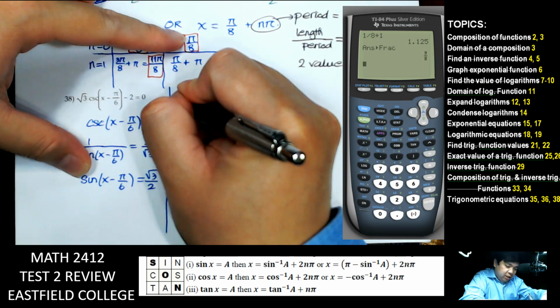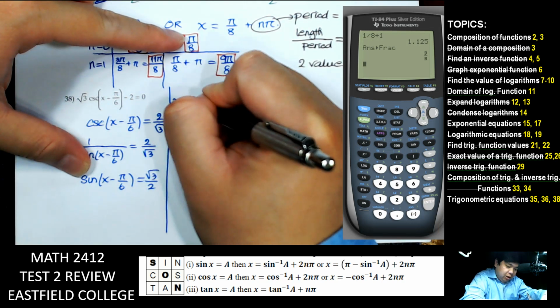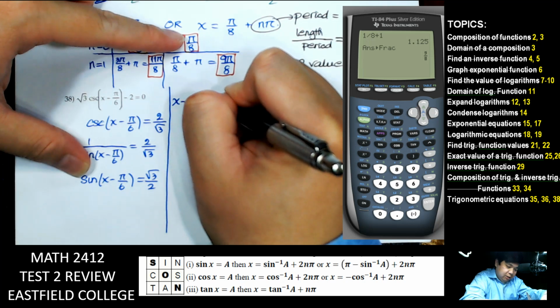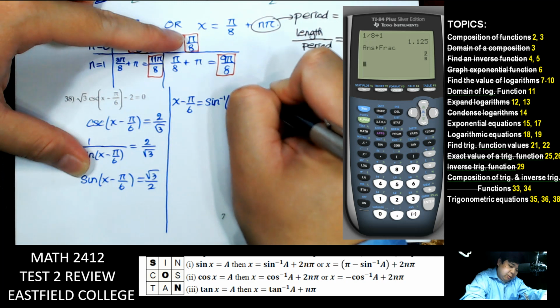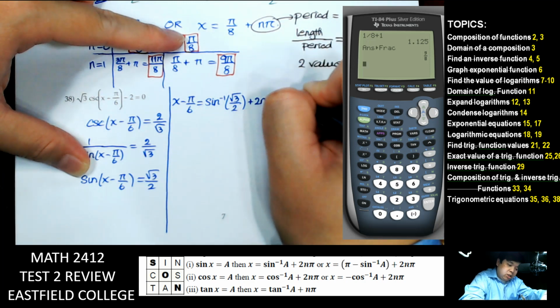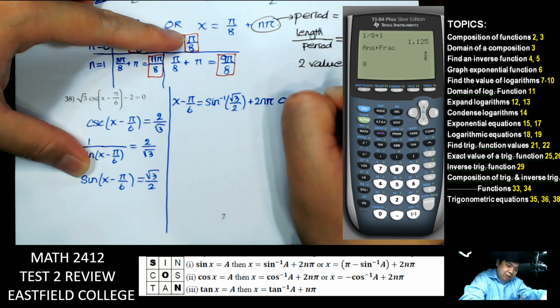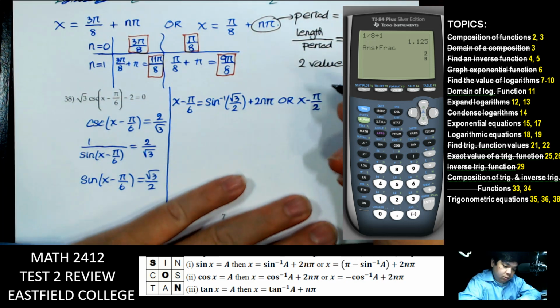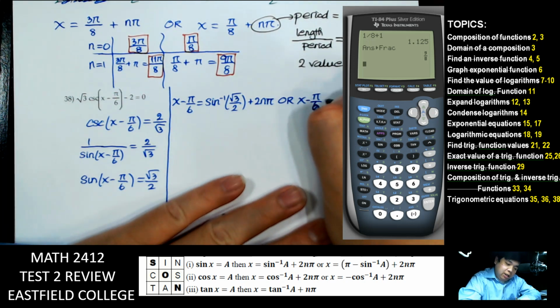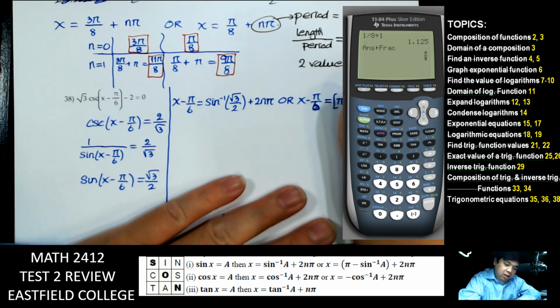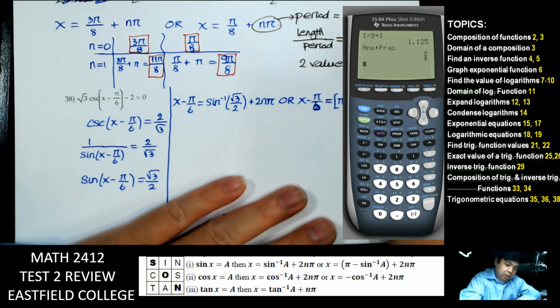For sine we're going to take the angle with the inverse, or the supplementary. Supplementary is pi minus sine inverse plus 2n pi.